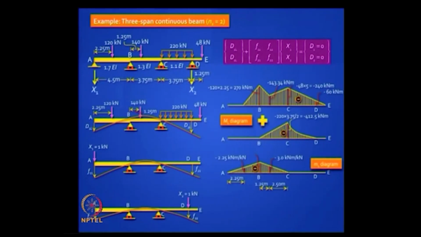When you apply x1 equal to 1, the bending moment diagram, small m1 diagram will look like that. When you apply x2 equal to 1, this is what that diagram will look like, right. Let us not worry too much about the calculations, you know how to do this, but conceptually once you have got these diagrams you can multiply these diagrams the way we did in the earlier classes and get the answers.